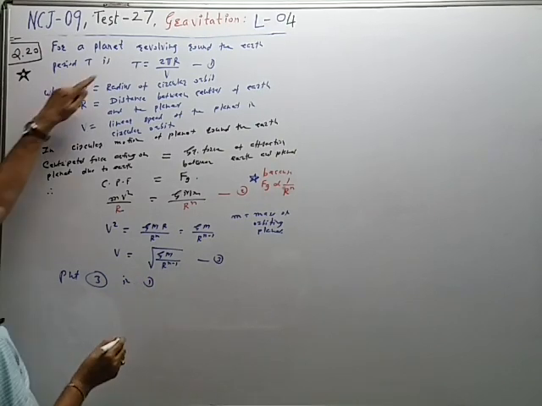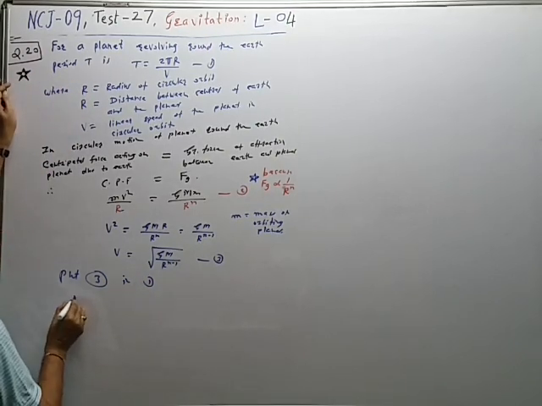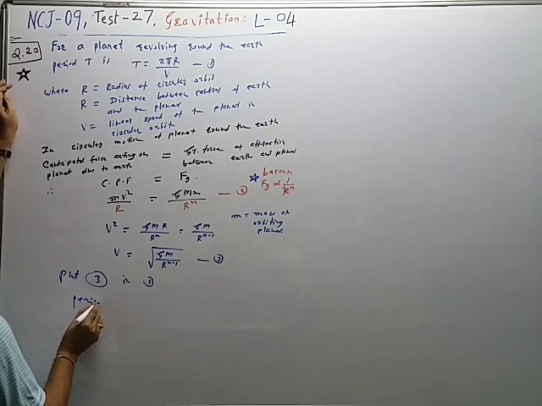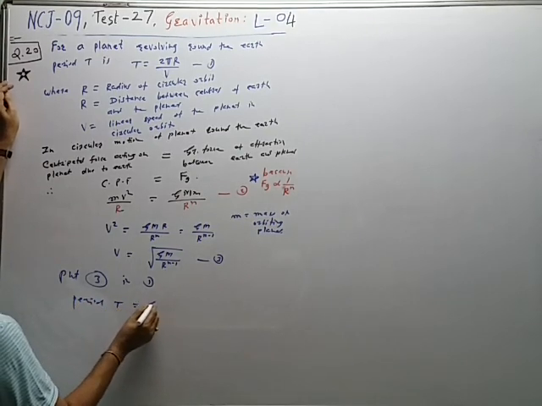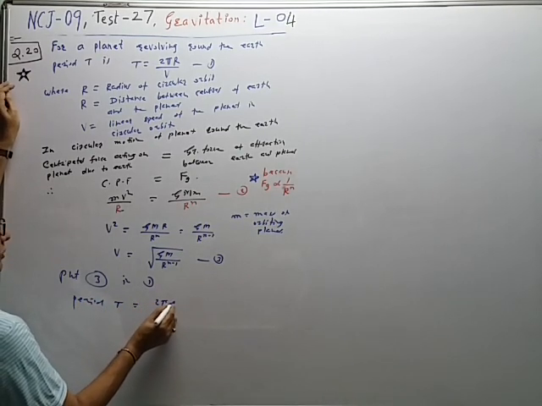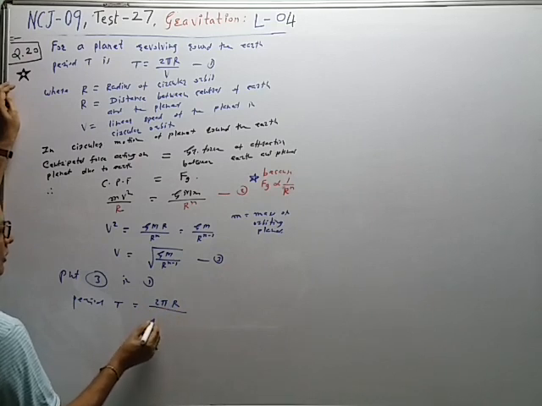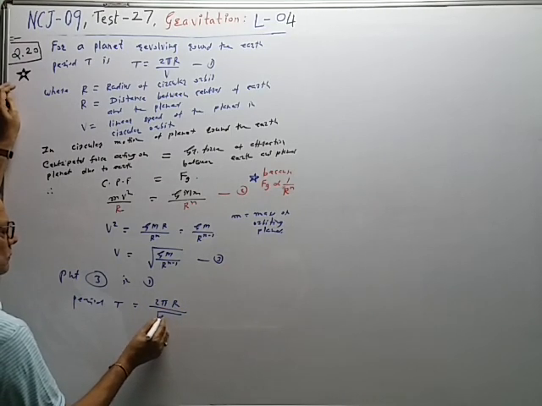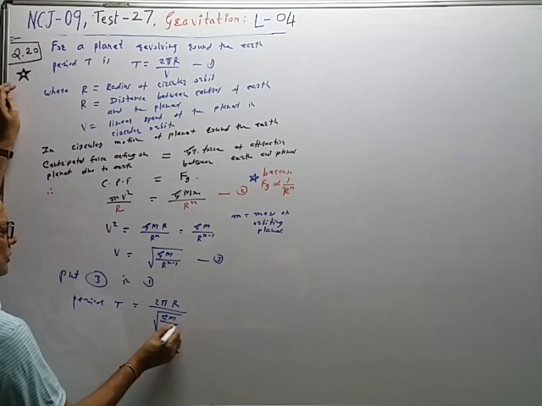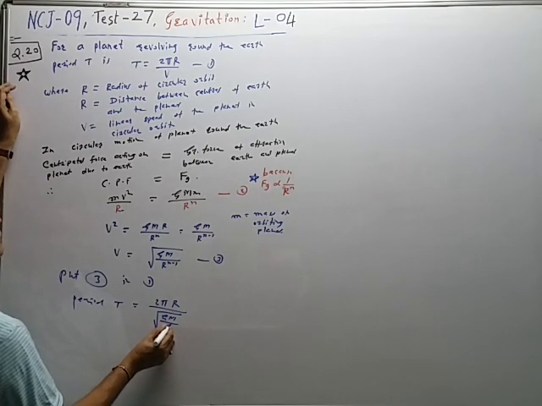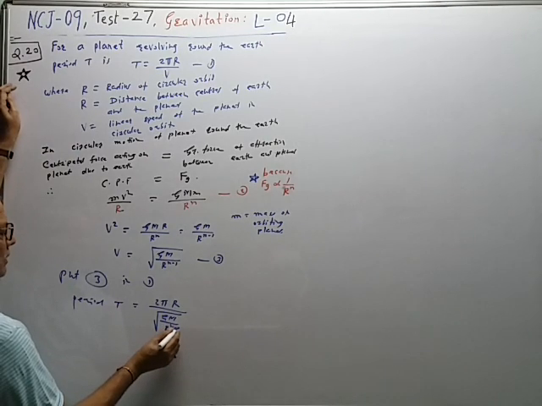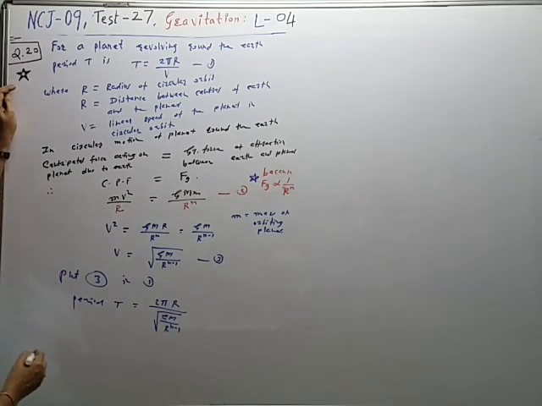put 3 in 1. So period capital T is equal to 2 pi r upon under root GM upon r raised to n minus 1.